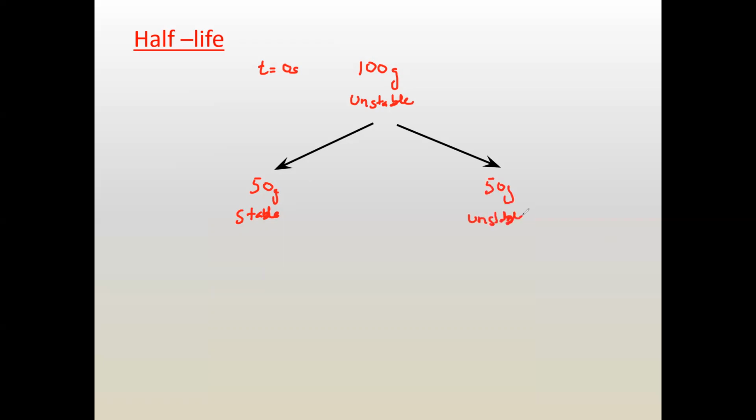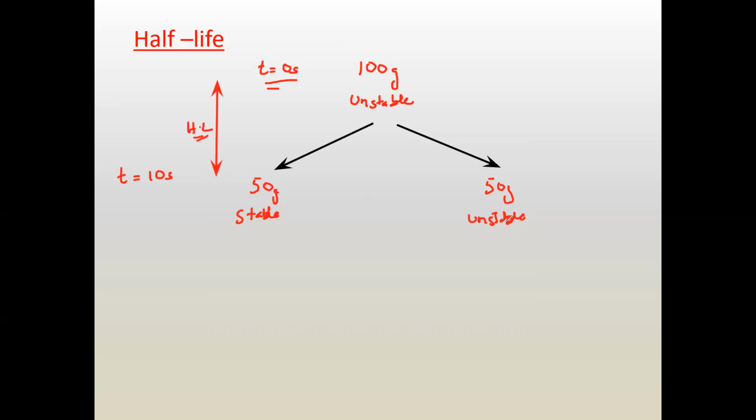Out of the total 100 unstable, the time taken by half of the radioactive sample to be stable. For example, at the beginning time was 0 seconds, and now the time is 10 seconds. So what is the half-life? Half-life is the time taken by half of the radioactive sample to disintegrate. So 100 becomes 50 stable and 50 unstable. This time interval, we call that a half-life.